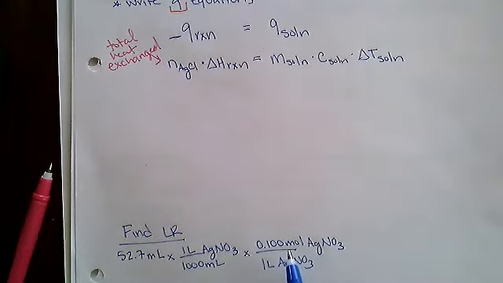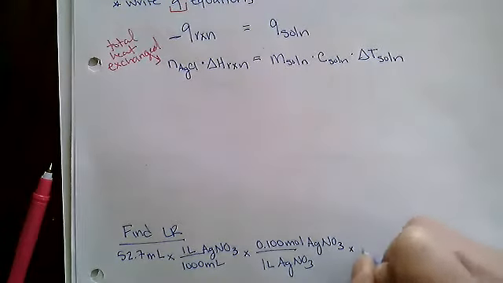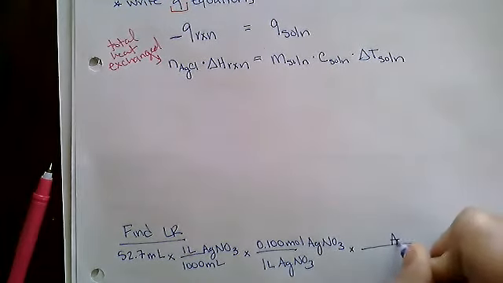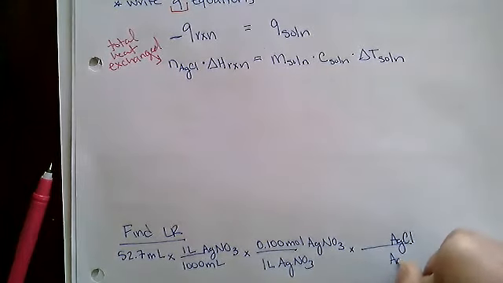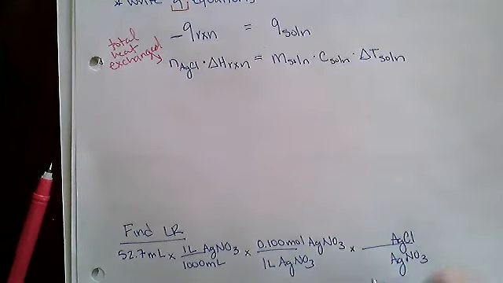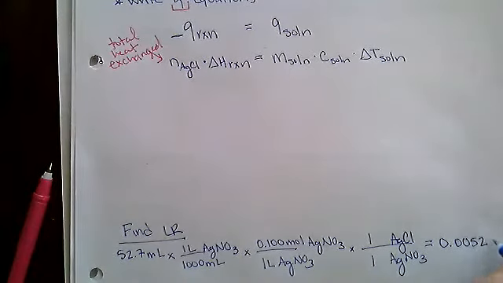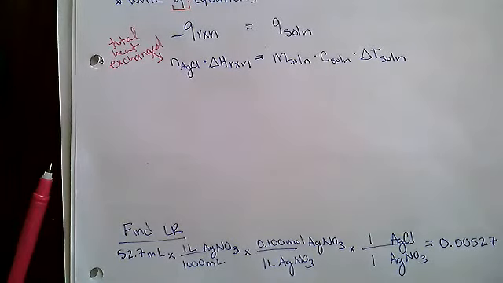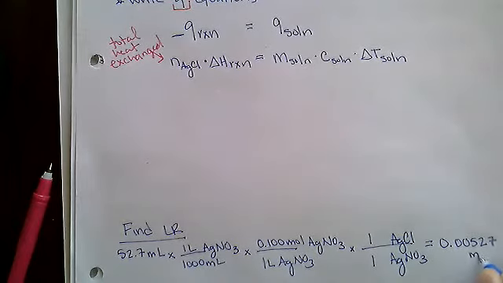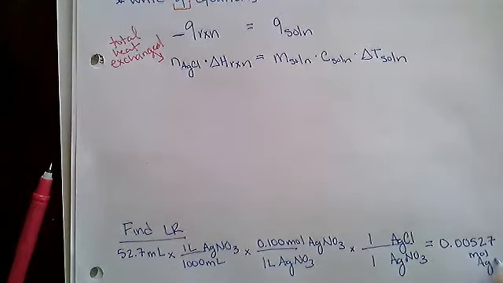So that would tell me how many moles of silver nitrate I started with, and I just want to figure out from there how many moles of silver chloride I'm going to produce. So I'll look to my mole ratio and it's 1 to 1. So if you do that, 0.00527, let's just say, moles of AgCl.